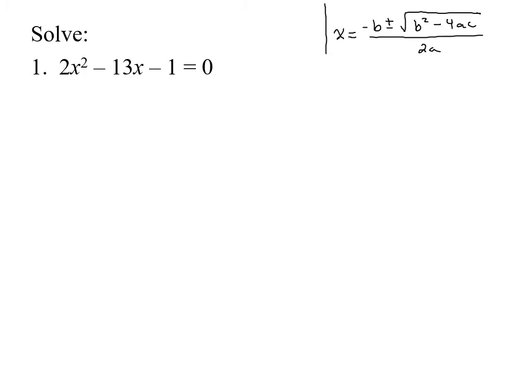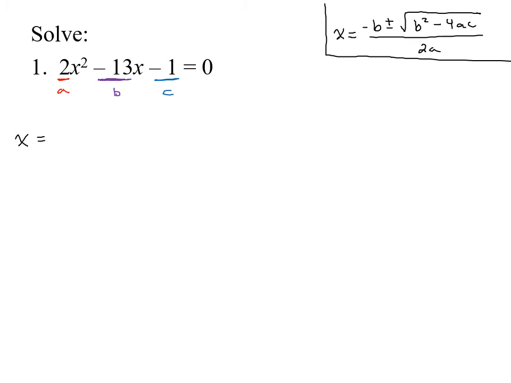So that's my formula I want to use. So in this problem, this 2 right here is my a. The negative goes with the 13, so negative 13 is my b. The negative 1 is my c. And basically I just plug them in that formula and see if it simplifies.